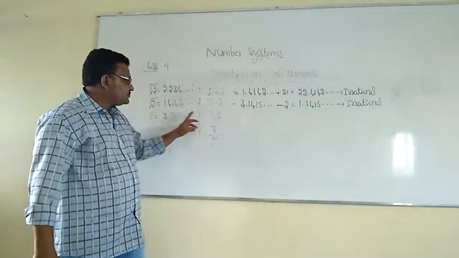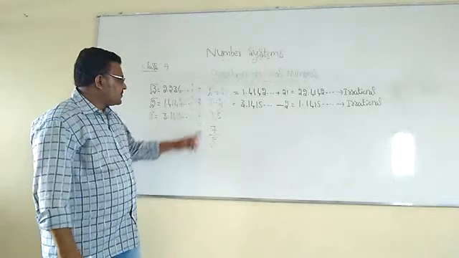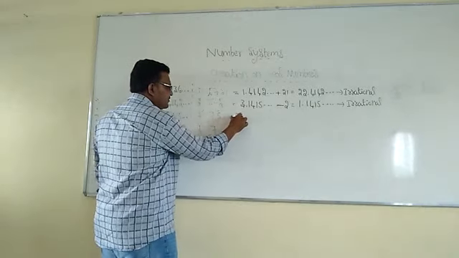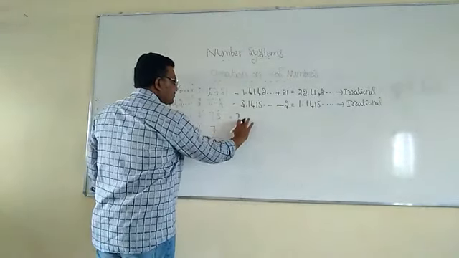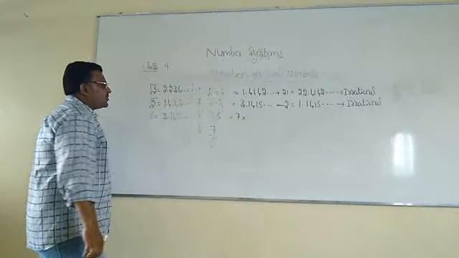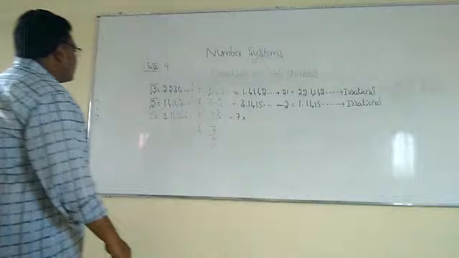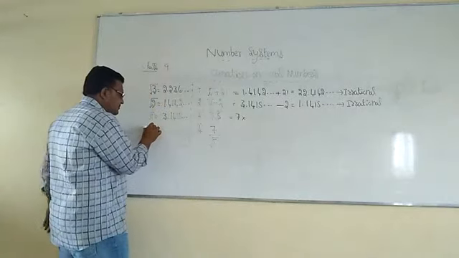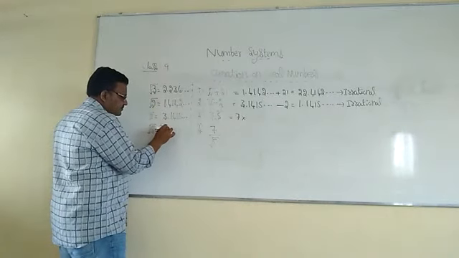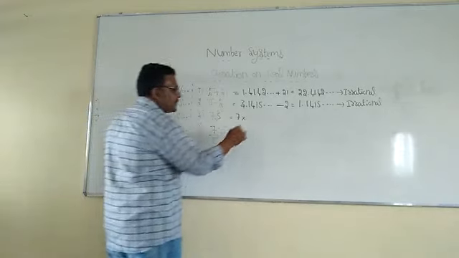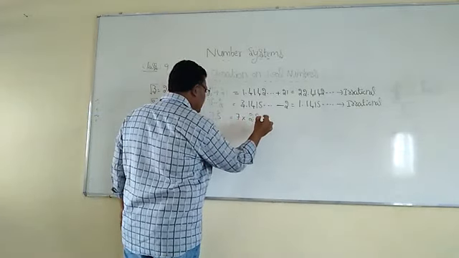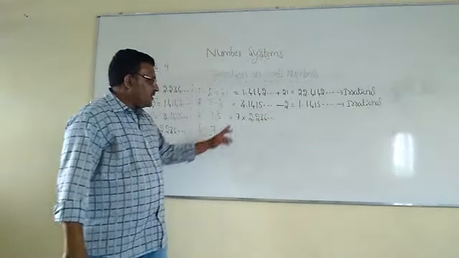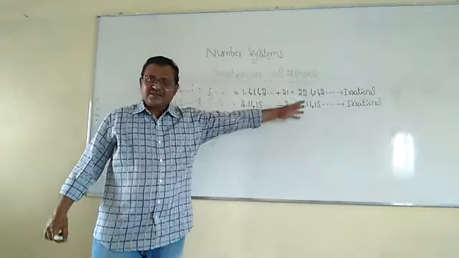And what about the product here? One rational and one irrational. That means 7 into root 5. Root 5 value not given. Wait. 2.236 and so on. So 2.236 and so on. I have to multiply. When we are multiplying, we will start from the last digit only, and the last digit is infinity.